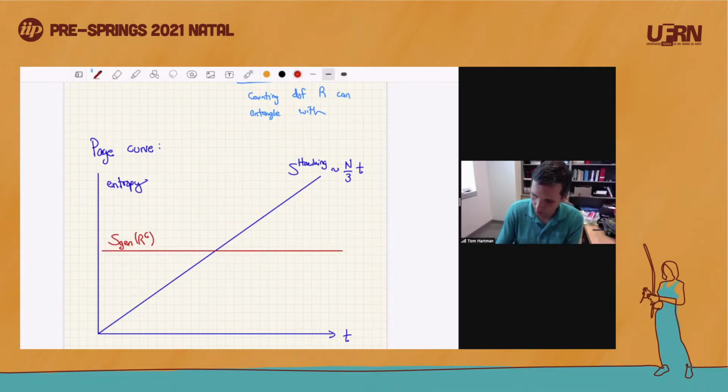The exact formula for it is twice the entropy of the black hole plus n/3 times the distance that we are from the black hole, x2, plus the same infinite constant as we got in our calculation of the Hawking radiation.